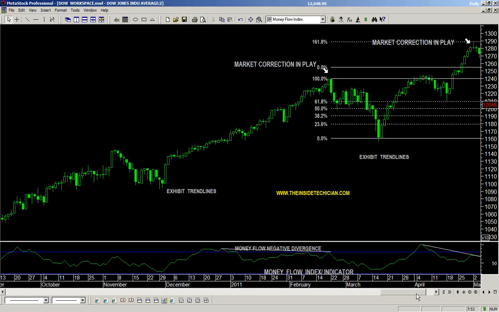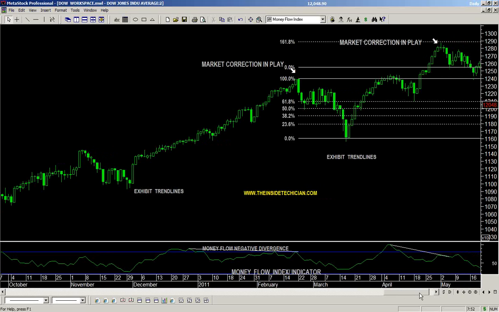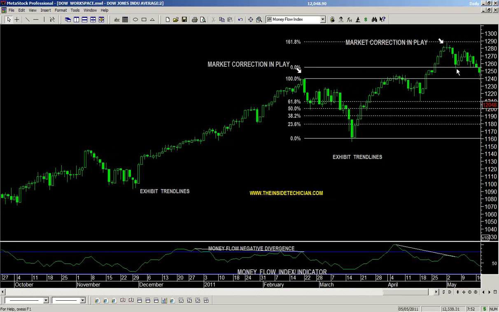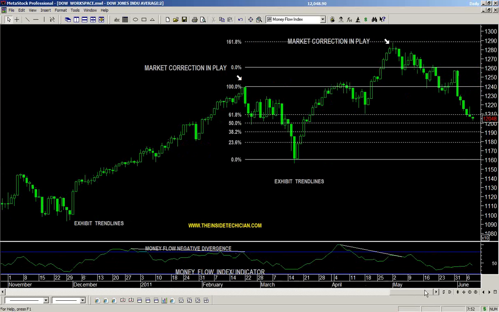As time moved forward, prices corrected, and they actually found this level right here and stuck to that for some time and then traded through it to the downside. Then it corrected up, found this level again, and turned right back around and continued to move down to lead us to where we are today, right at about the 61.8% level.